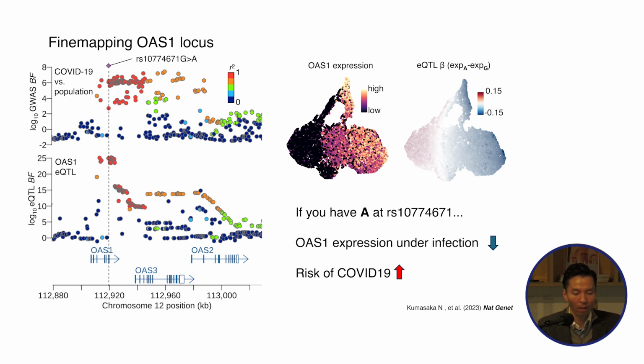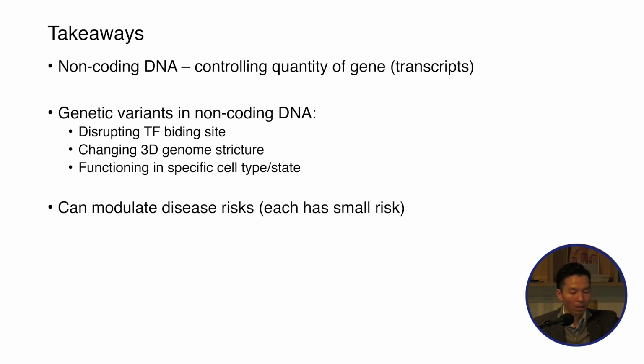So in summary, while coding DNA alters and creates the different types of genes, non-coding DNA tends to alter quantity of gene or transcripts.